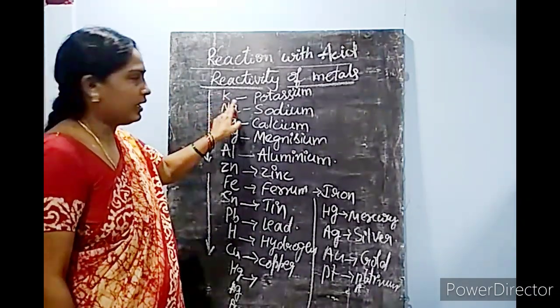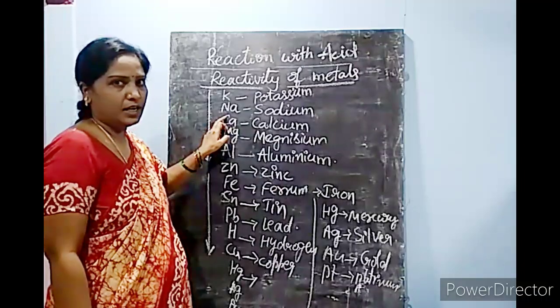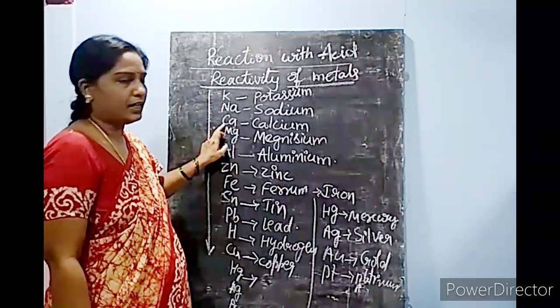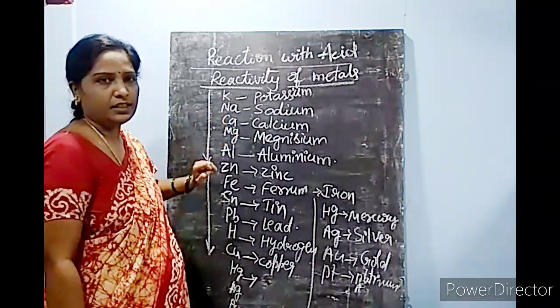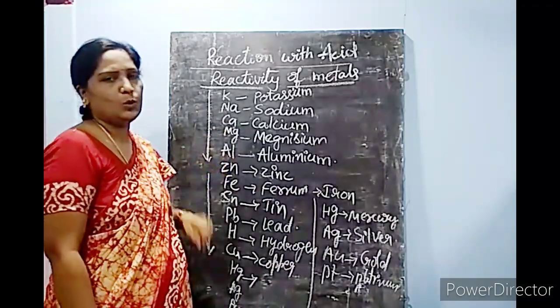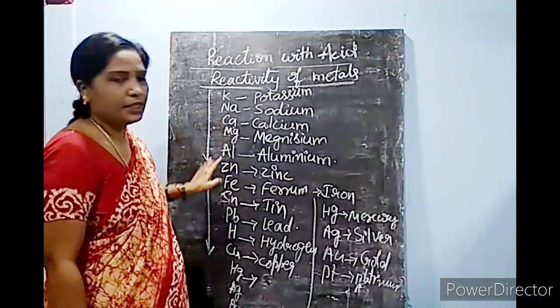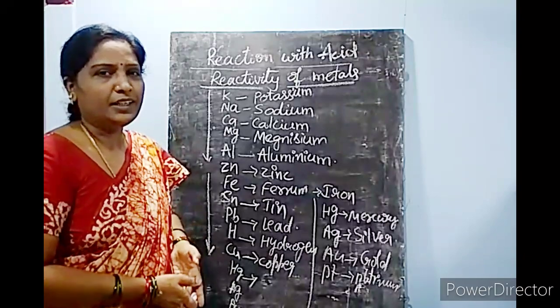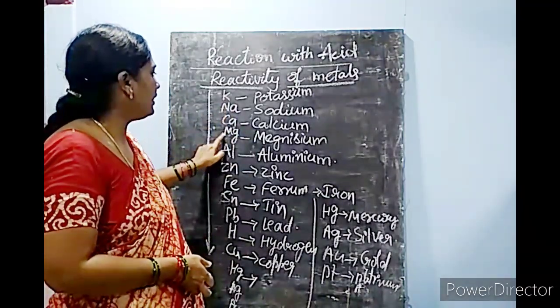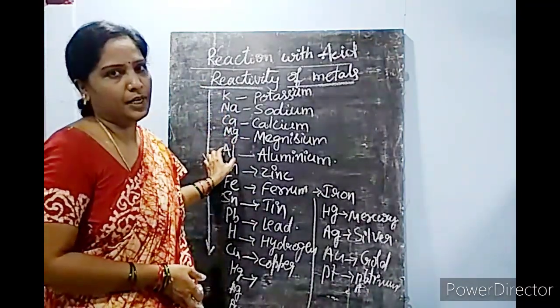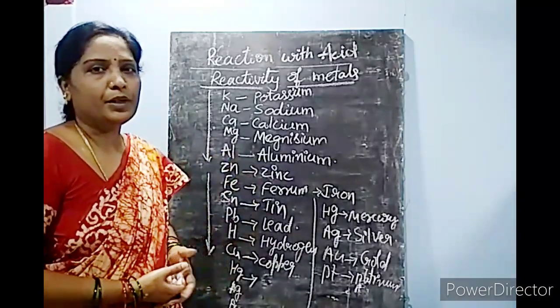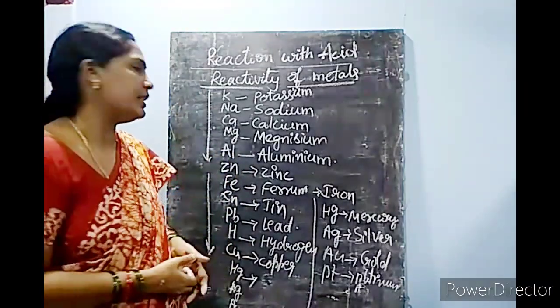K means Ka, Na means Na. Ka Na Ka Mange Alu. When you remember that, you get the first letters, the symbols of each metal, so that you can remember the reactive series easily.